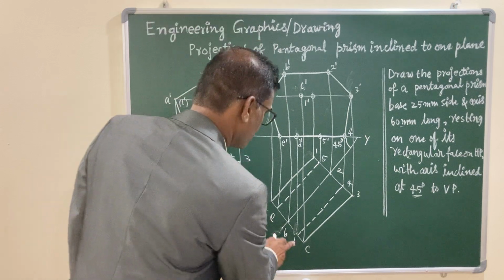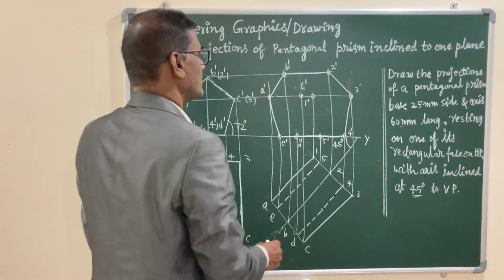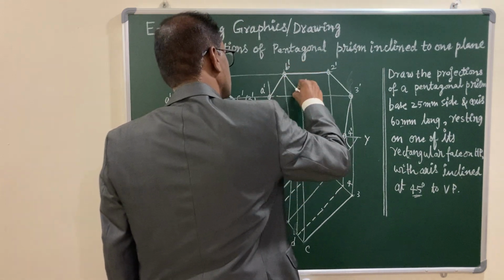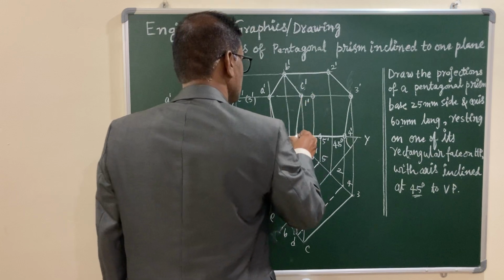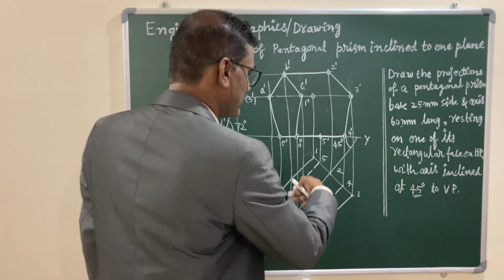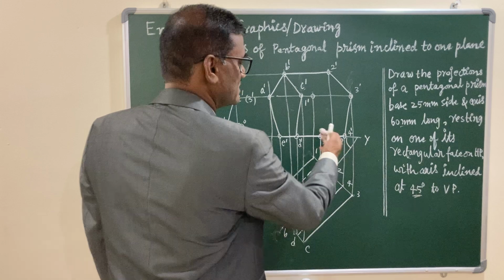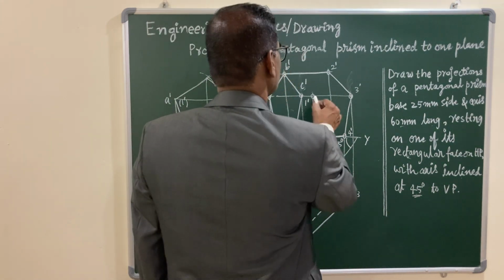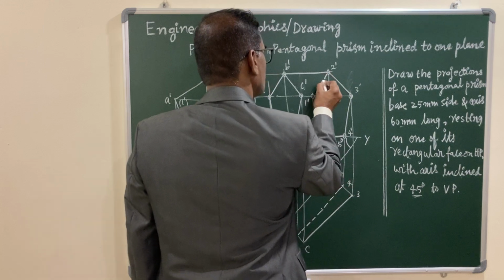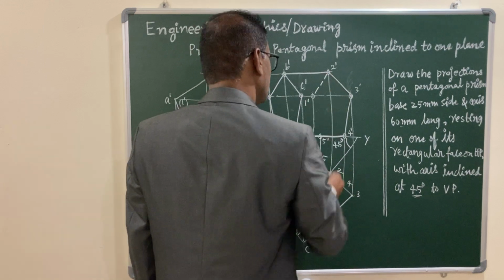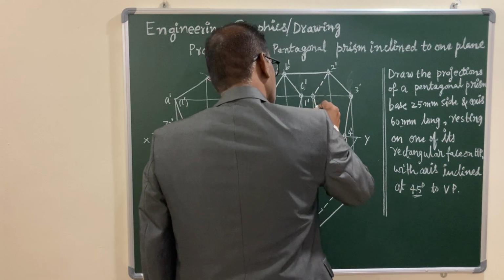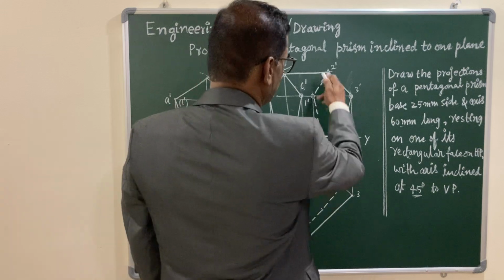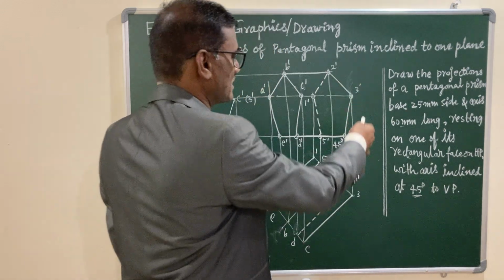This end face, which is near to the observer, is completely visible, so you can join AB, BC and CD. The other end face, near to the plane: 1, 2 is hidden, so draw a dashed line, and 1, 5 also a dashed line, because these two are hidden, and the remaining three are joined with border lines.